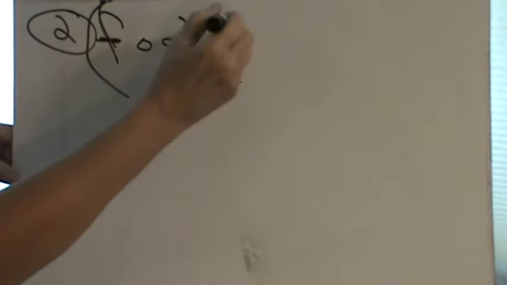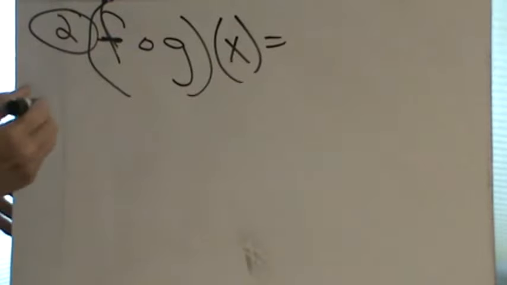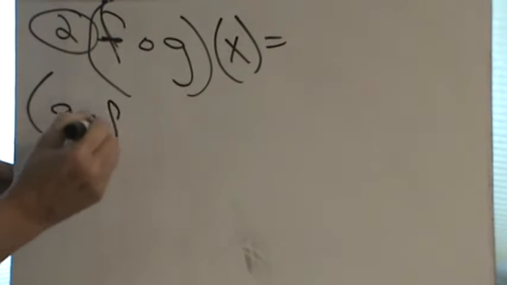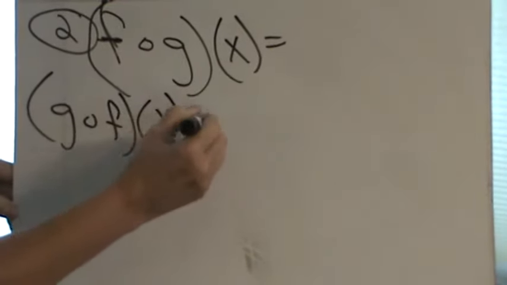Let's do number 2. That was just a simple one to get started. They get just a little bit more difficult. Let's look at number 2. It says f of g of x. Find that. Find g of f of x. Here are your functions.